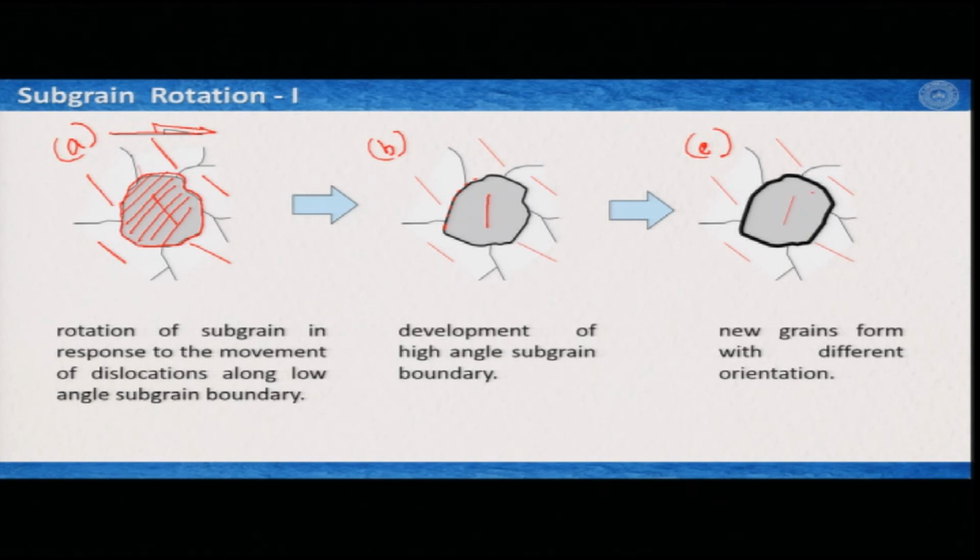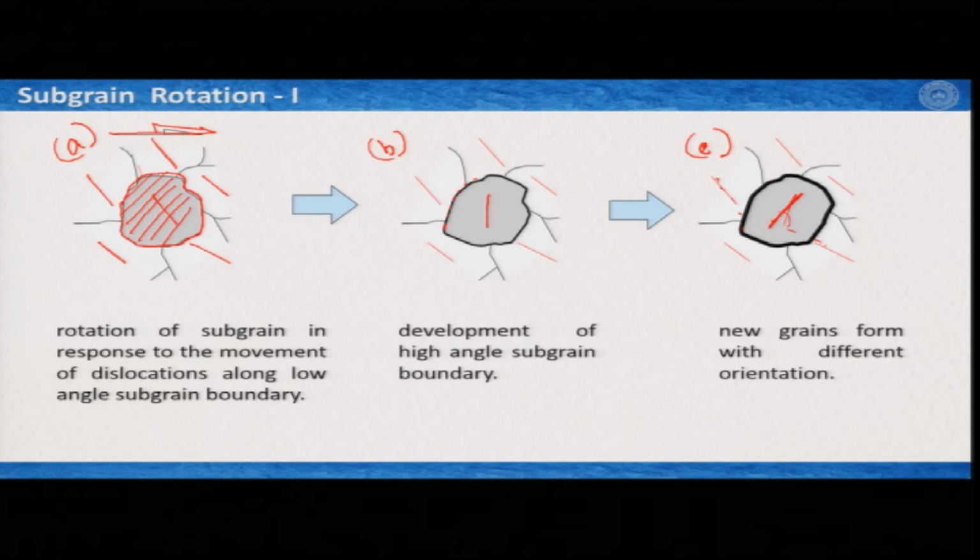And now, if the rotation continues further, you have this grain boundary at a much higher angle with the neighboring grains. This is how you form new grains from subgrains through the process of subgrain rotation.